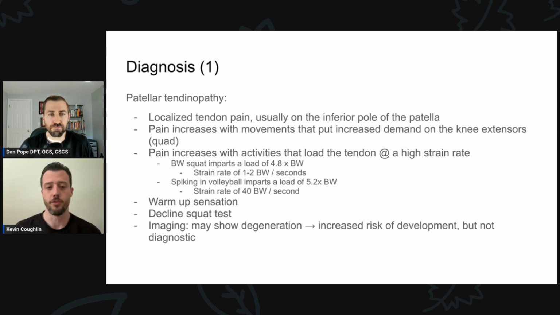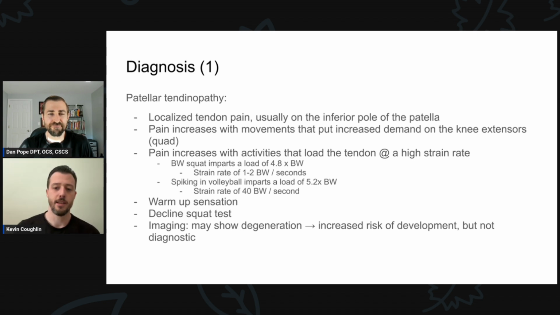I thought this was interesting: a body weight squat imparts a load of 4.8 times body weight. The strain rate of that is 1 to 2 body weights per second. Kind of hard to wrap your head around this, but compare that to spiking in volleyball. It imparts a very similar load of 5.2 times body weight, but it does it at a strain rate of 40 body weights per second.